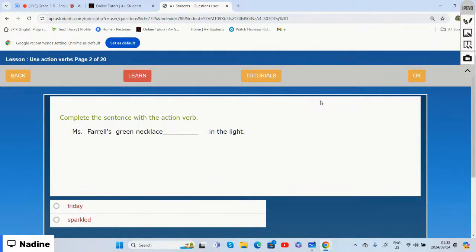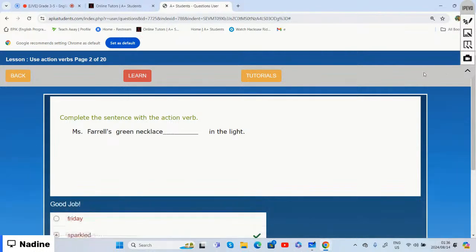And if we were to choose the correct action verb, then we would say it sparkled in the light. Well done. So sparkled is correct.